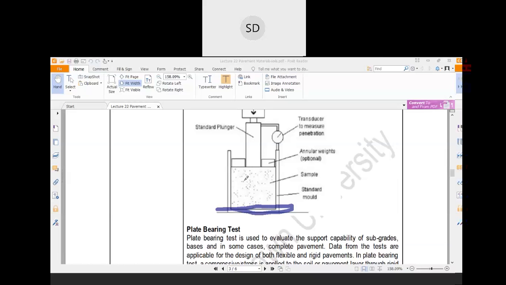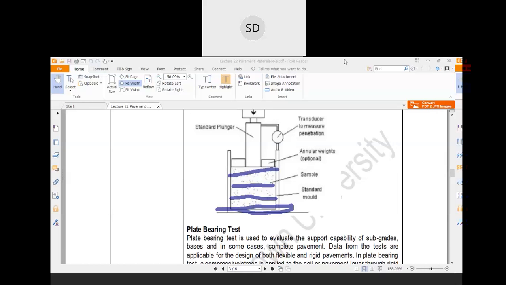Basically we will mix the soil with optimum moisture content, and then we will place the soil in the mold in three layers. In each layer we will compact with 25 blows.